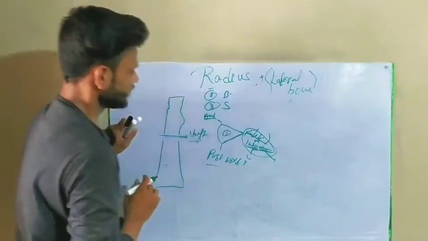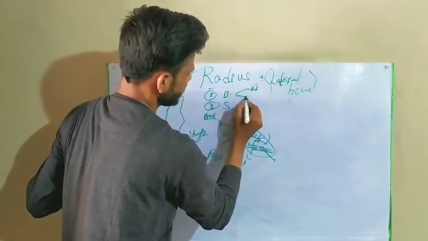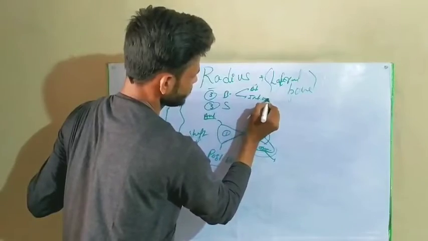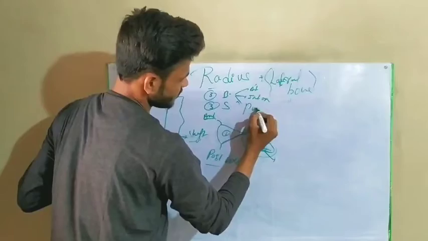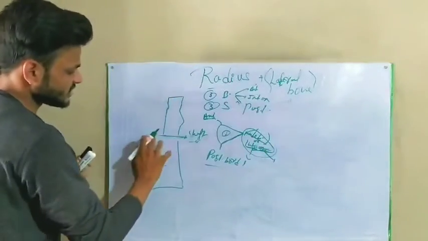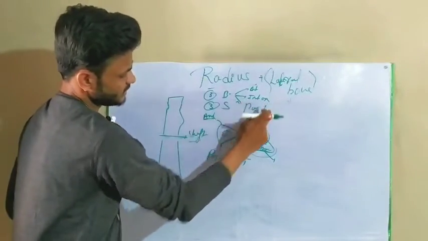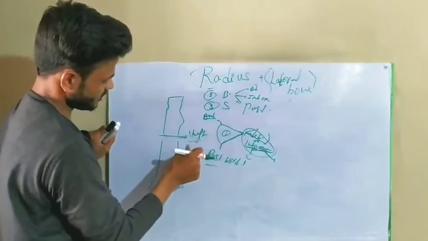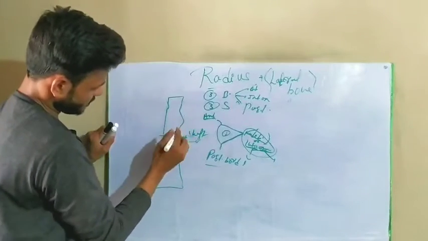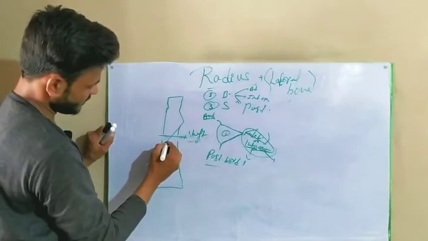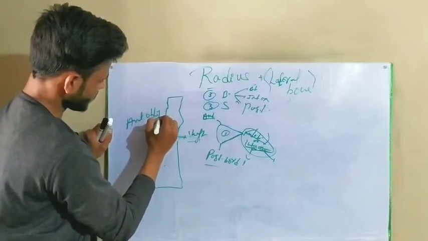Our shaft has three borders: anterior border, interosseous border, and posterior border. This is our interosseous border, and this is our anterior border or anterior oblique line.